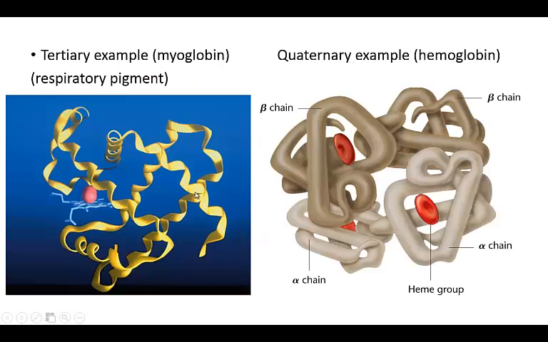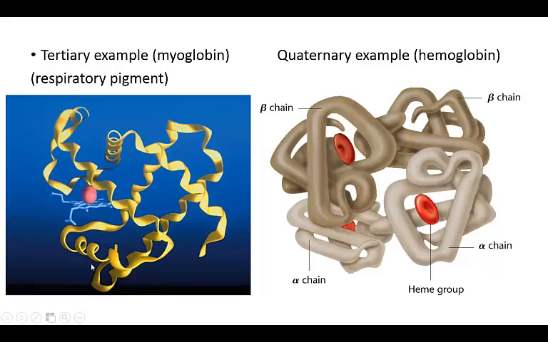An example of tertiary structure is, for the most part, the entire polypeptide and how that would fold up. In this case it is an example of myoglobin, which is a respiratory pigment. You can see here many different alpha helices. Basically, this is being represented as a ribbon structure. But you could imagine these individual atoms, carbons bonded to one another, carbons and the nitrogens, for the backbone of this particular peptide.